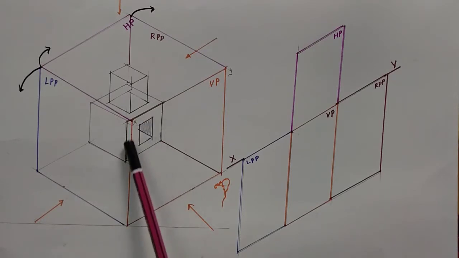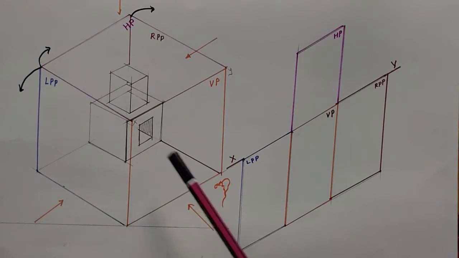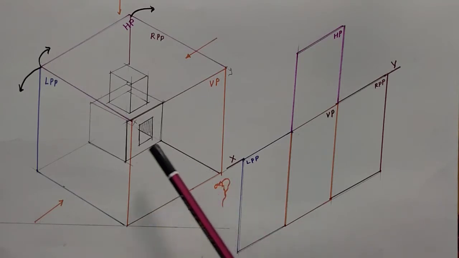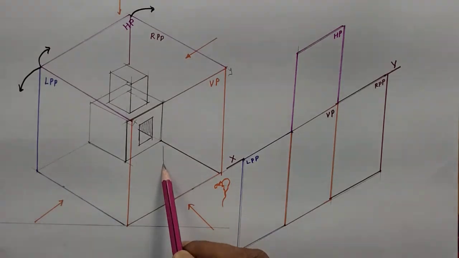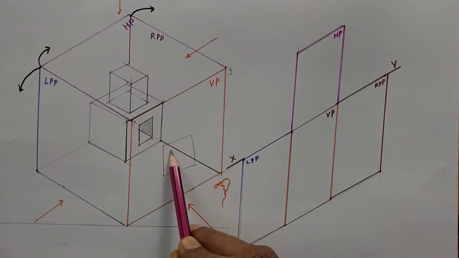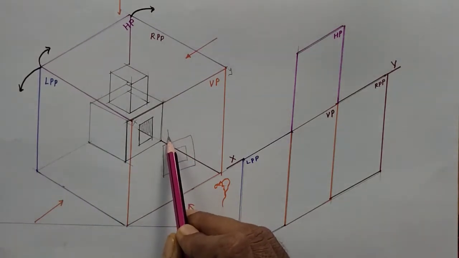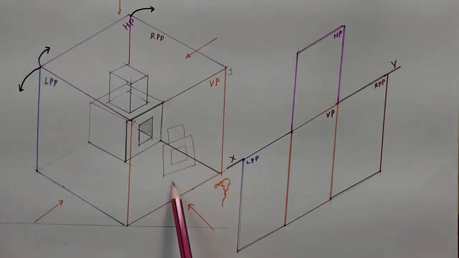Now when you observe the object from the front view orientation, perpendicular to the VP plane, you get your elevation as this shape. This is my front view. The front view is always in our vertical plane.